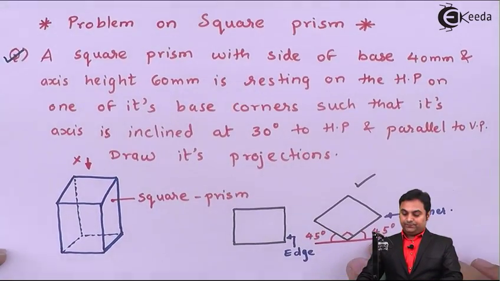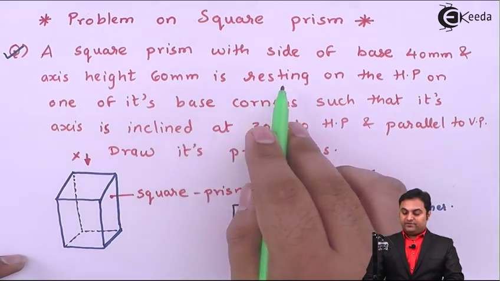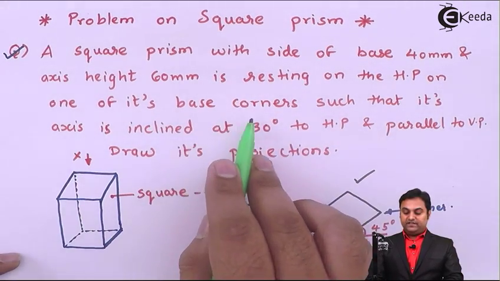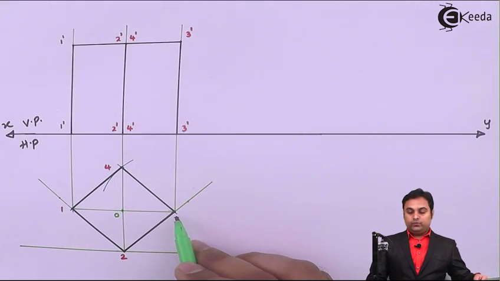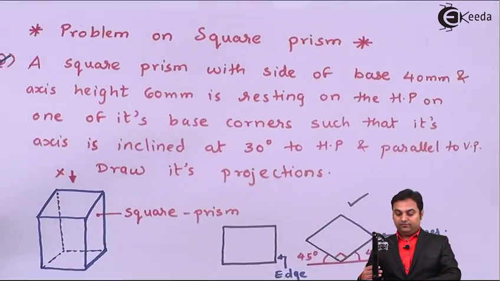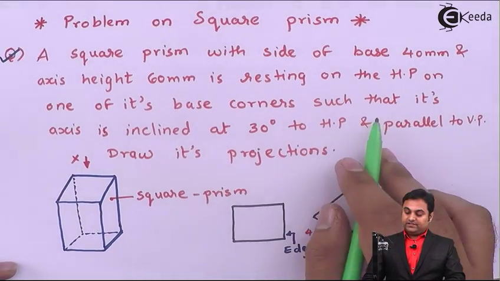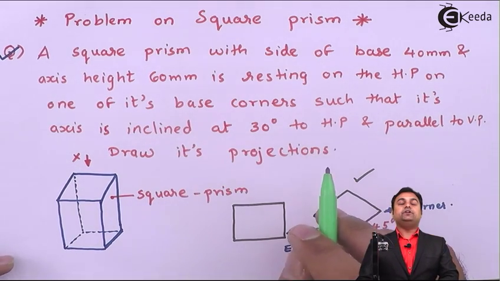After that, it was given that the square prism is resting on the HP on one of its base corners. So that base corner is corner 3, which is indicated with the help of 3 dash, 3 dash, which is an edge here. Next, such that its axis is inclined at 30 degree to HP.